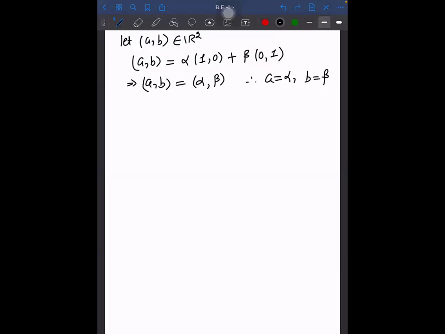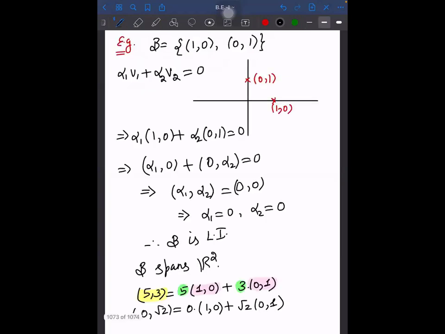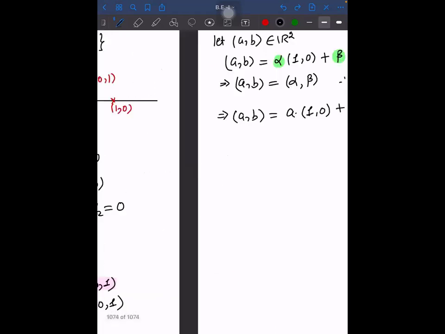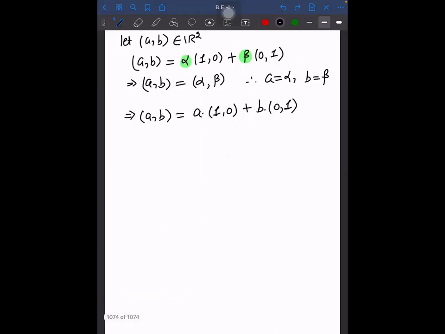So this alpha and beta you always need to determine, right? So your (a, b) can always be written as a times (1, 0) plus b times (0, 1). That's why for (5, 3) we have written 5 times (1, 0) and 3 times (0, 1). And similarly for (0, root 2) we have written 0 times this and root 2 times this. Are you with me on this? Yes, sir. So every element of R2 can be expressed as a linear combination of set B.